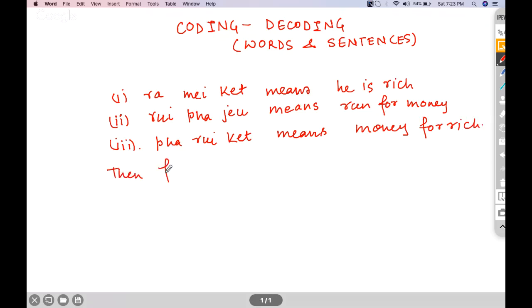Then find the code word of rich. Yes, Kate is the right answer.